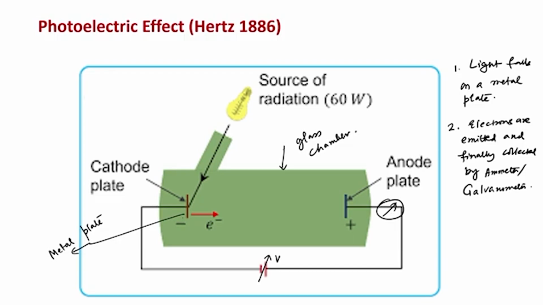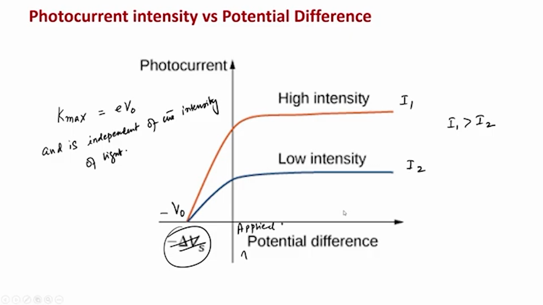If you make this cathode plate more and more negative with respect to the anode, then at a certain value of this applied voltage, the current stops, and it is independent of the intensity of the light used, and this K max is equal to e V 0, which is what we have seen as well.